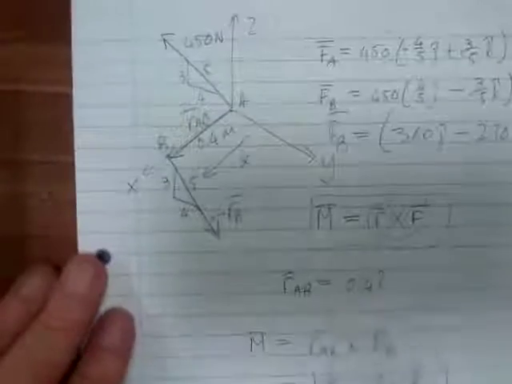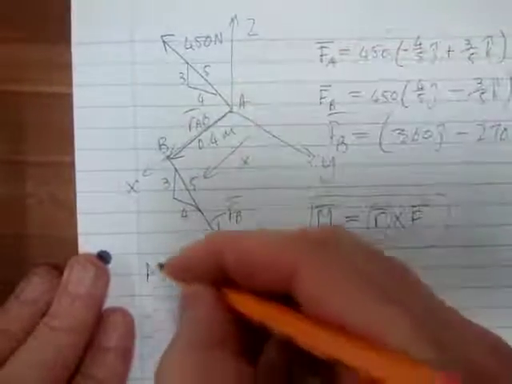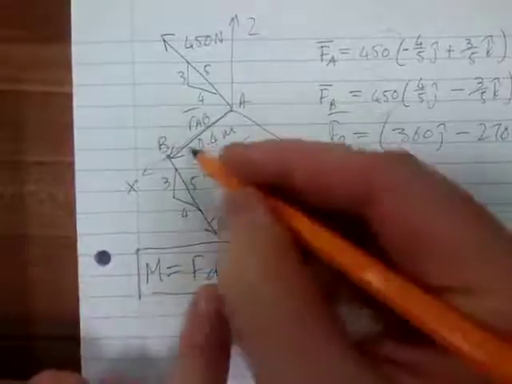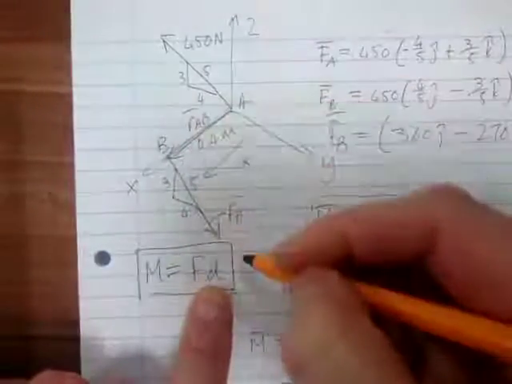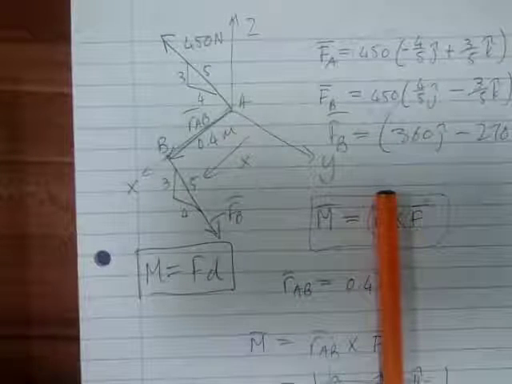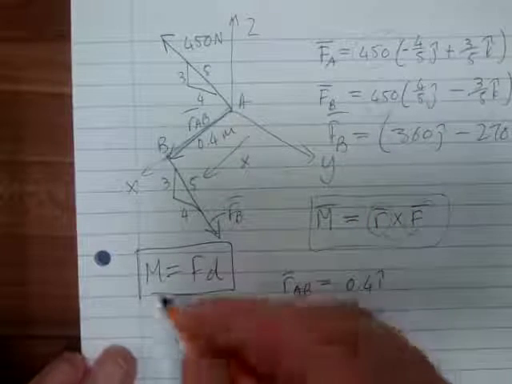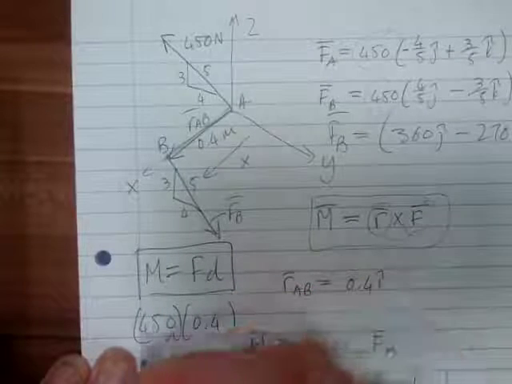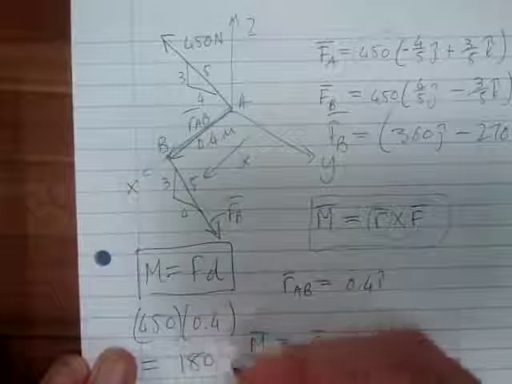Remember I said earlier that the magnitude was simply the force times the distance, where the distance is the perpendicular distance between the two forces. What happens if we say 450 times 0.4? We get 180.